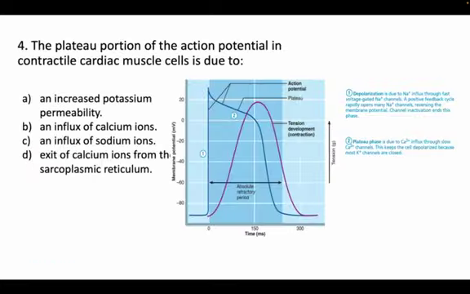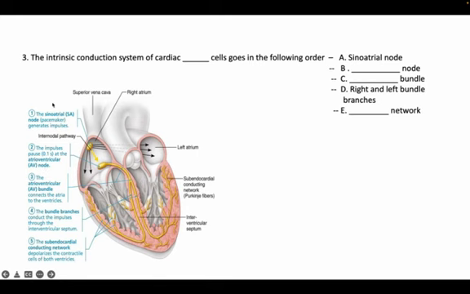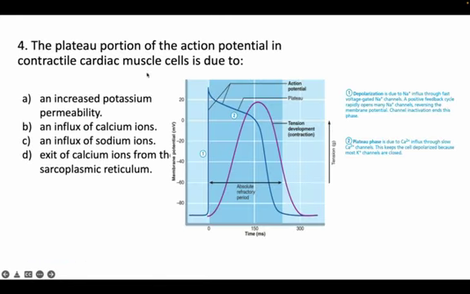This is also important. Now next comes the action potential of the contractile cardiac muscle cells. Before we even get there, a super quick recap. What's the difference between the pacemaker, I mean the SA node and this whole system, and the contractile cardiac muscle cells?